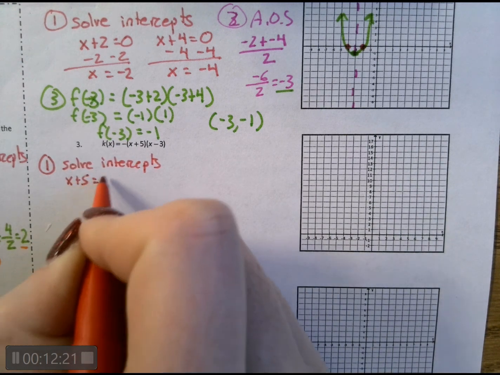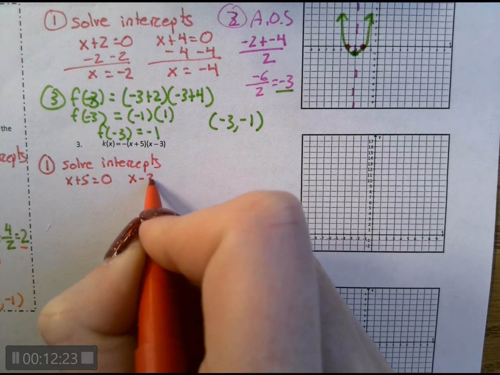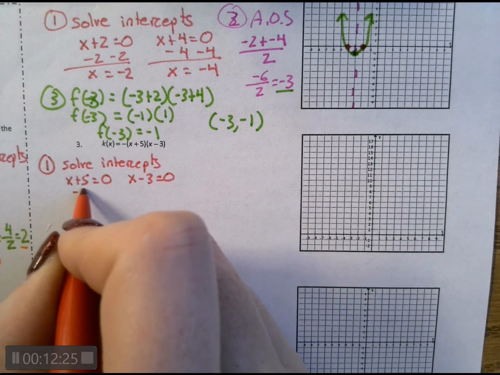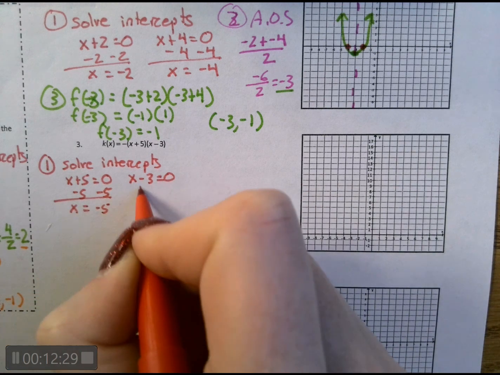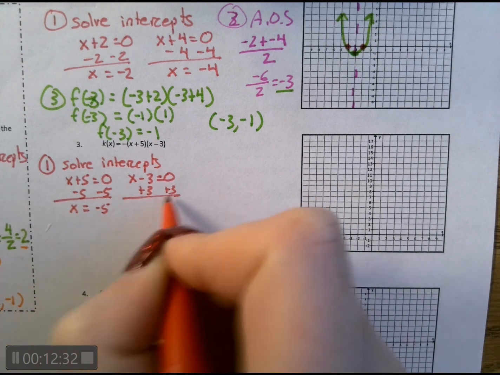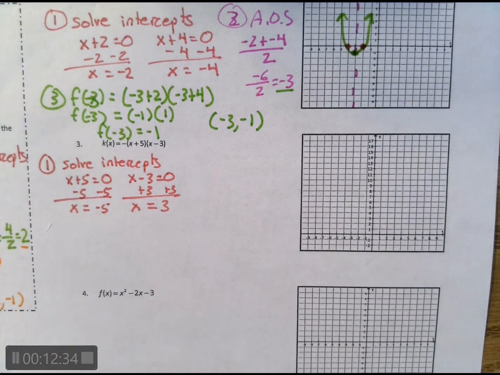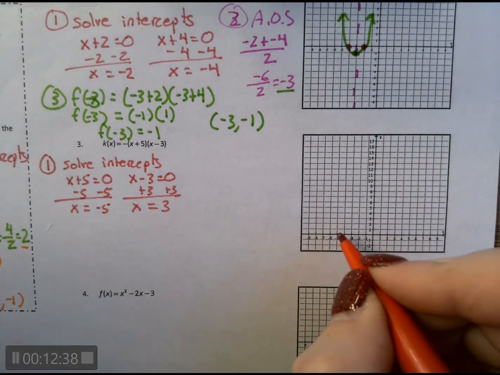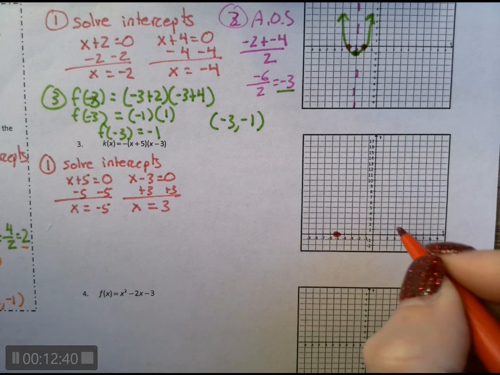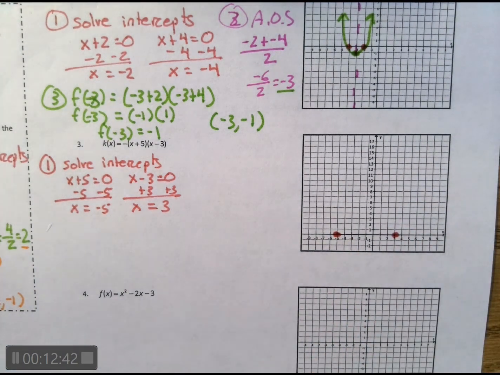X plus 5 equals 0, x minus 3 equals 0. Subtract 5 from both sides, add 3 to both sides. Okay, and we can go ahead and graph those. So I have x equals negative 5, x equals positive 3.